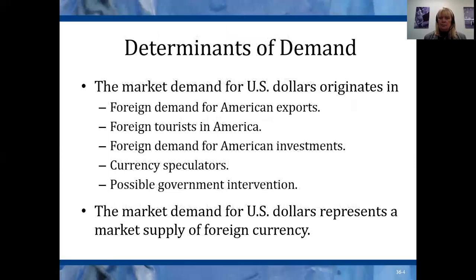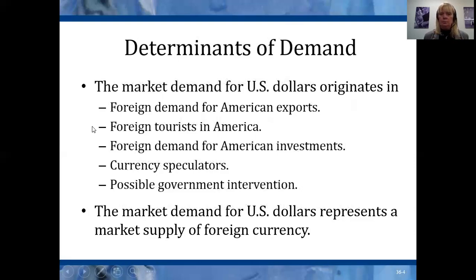So with that in mind, here are the determinants of demand for US dollars. Under what circumstances would people demand US dollars? Anytime someone in another country is buying something that we produced, they're going to demand dollars to pay for it.